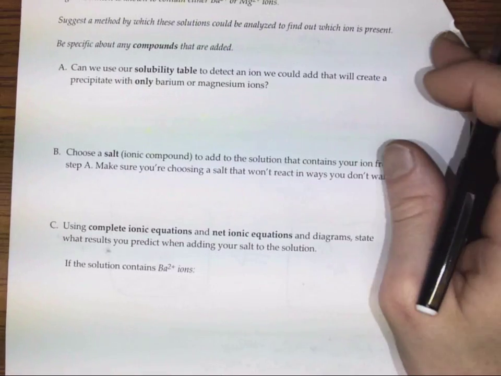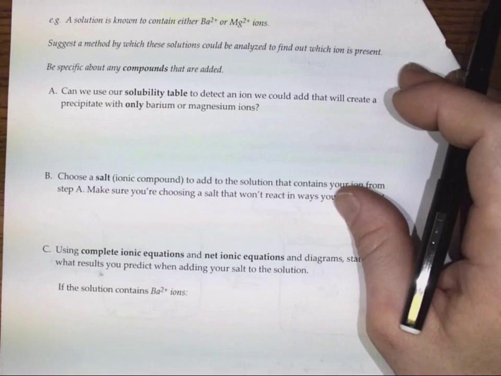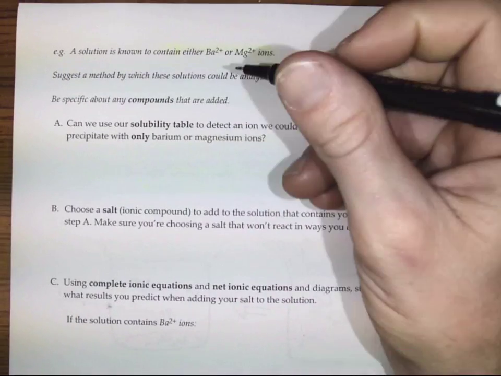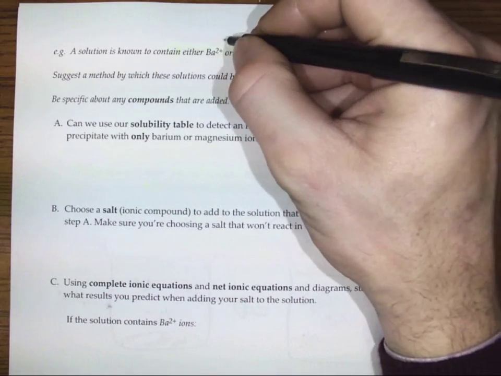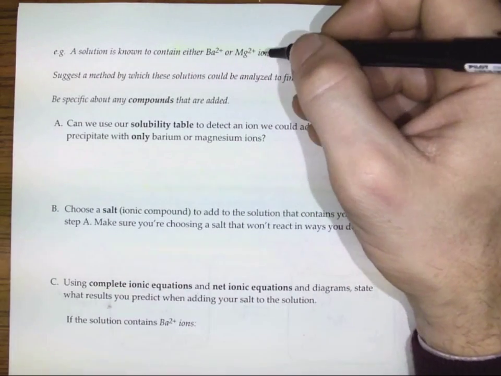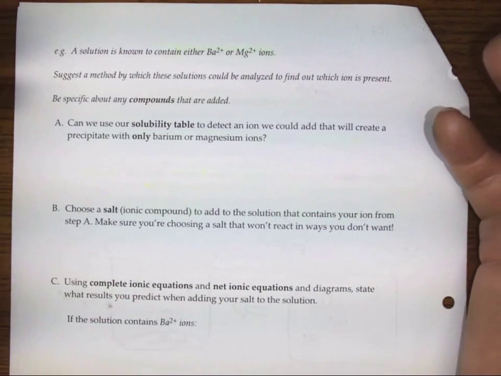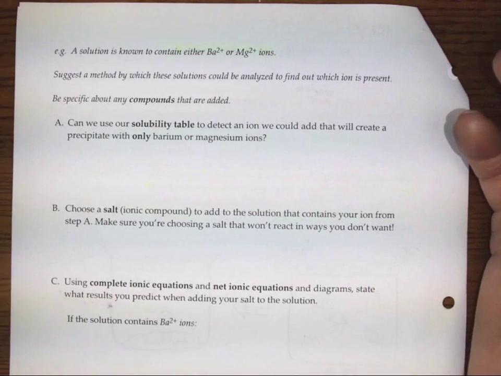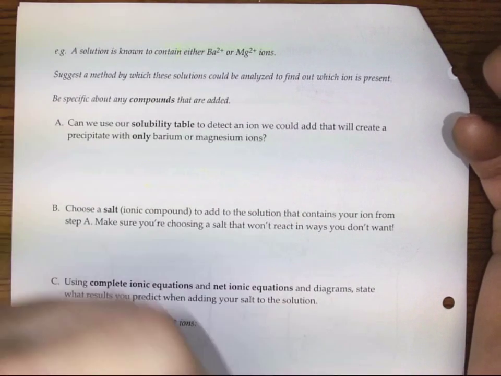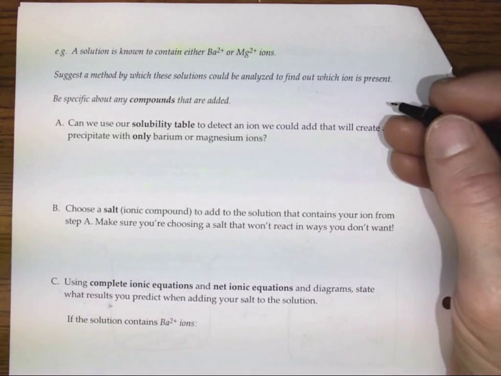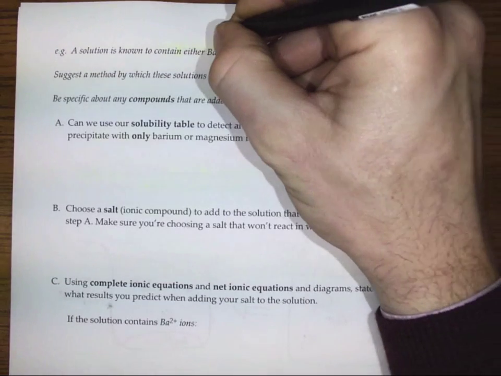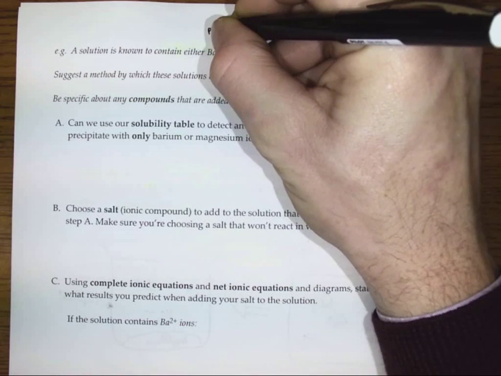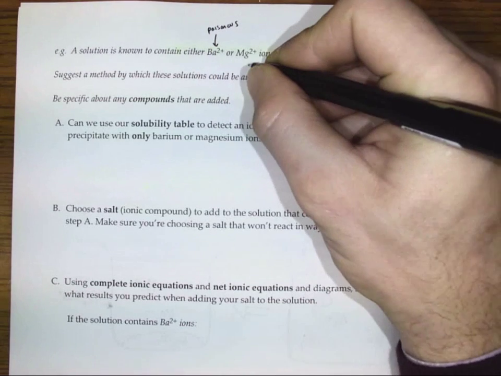Okay, so we left off discussing this idea that we had a solution and it has either barium ions or magnesium ions in it, and maybe that's all you know. Who knows exactly what the story is behind why you have this barium or magnesium solution and you're not sure which one, but you know that one is poisonous and one isn't.